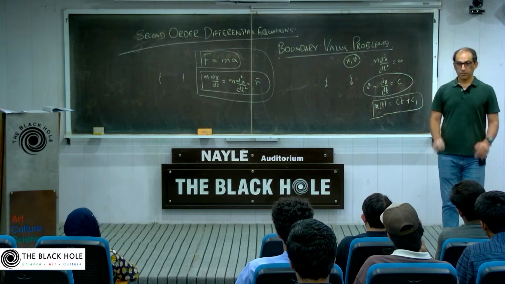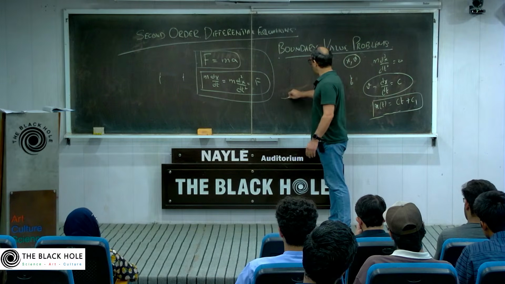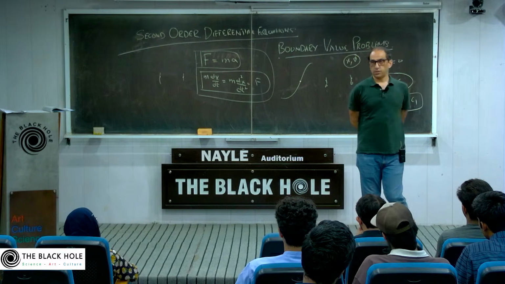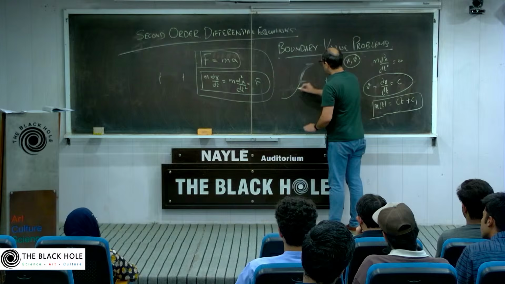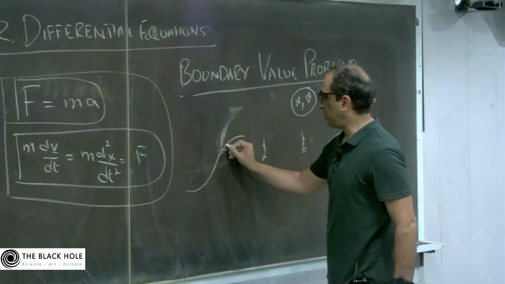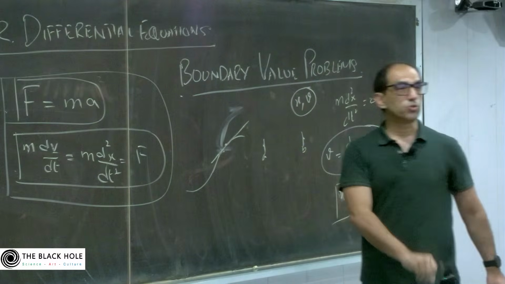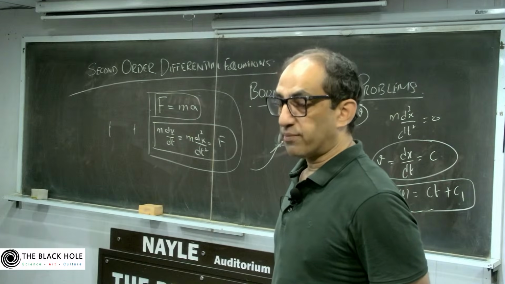Geometrically speaking, in a first order differential equation, all that you need to do is to specify a point. But over here, let me draw it slightly in a curved manner, I need to also draw a tangent. So you need a point and you need a slope.